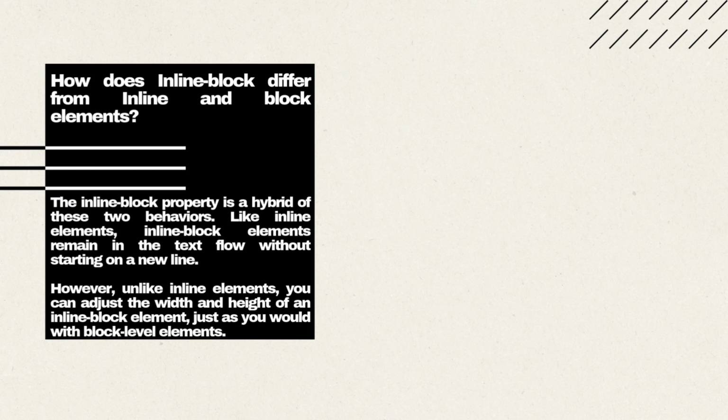Whereas for block level elements, you can do this. The difference is that inline elements don't push other elements around them to a new line, but you can't adjust their width and height.